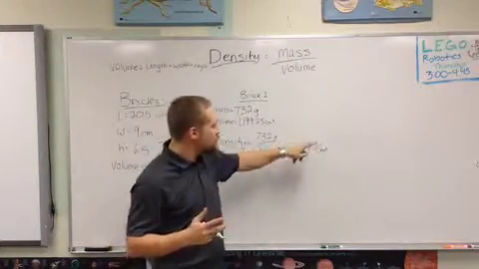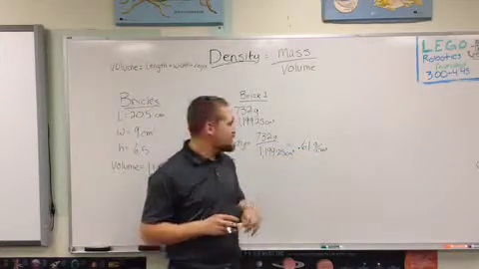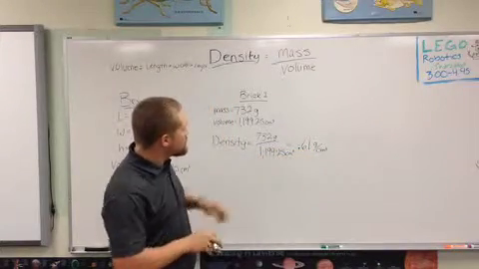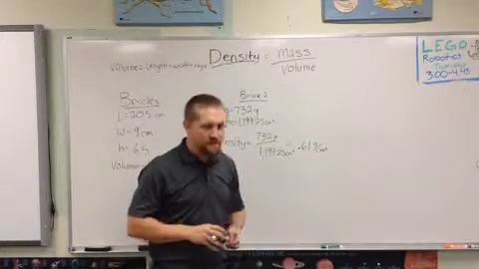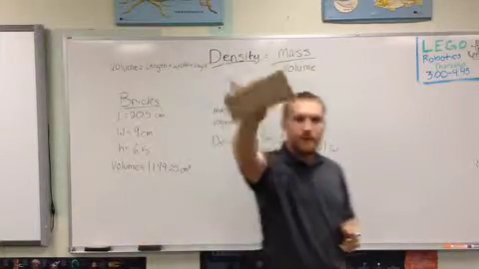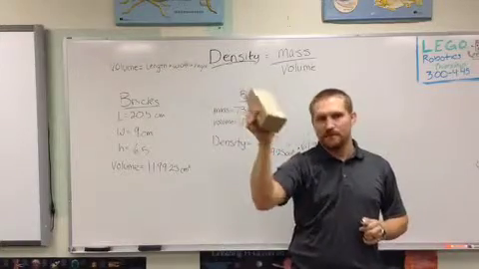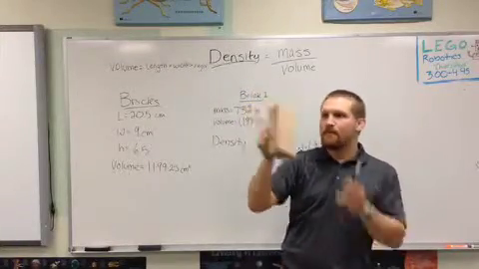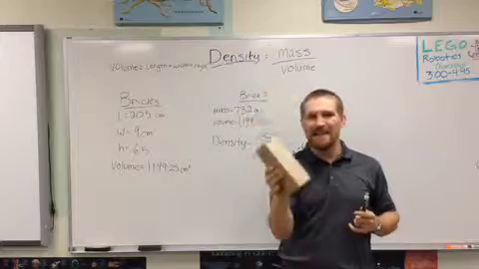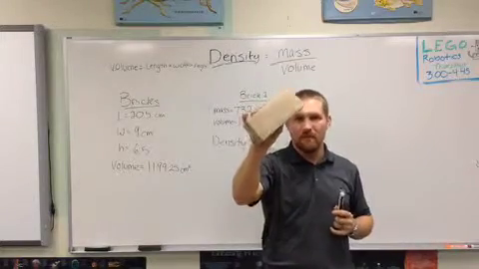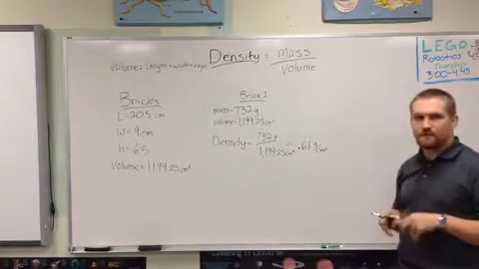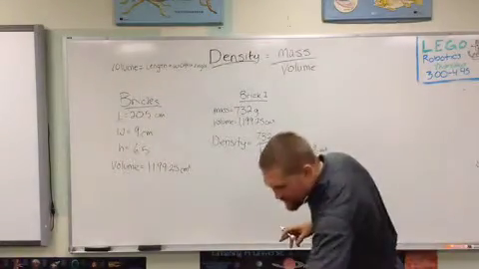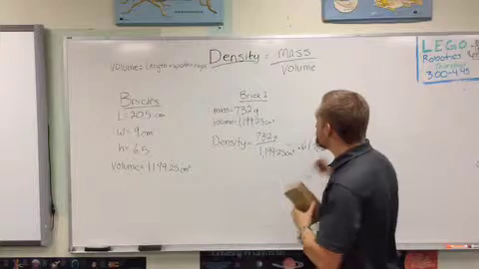So I just leave them as grams over cubic centimeters. So this tells us that there is 0.61 grams for every cubic centimeter of this. Okay? So if I chop this up into little tiny centimeter blocks, each one of them would weigh 0.61 grams. Okay? So now let's see what the density of brick 2 is.